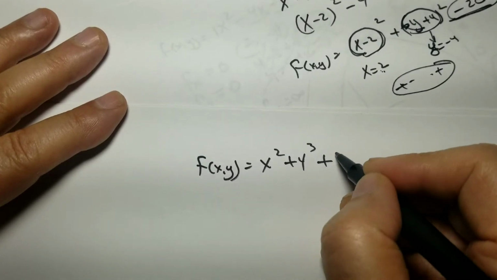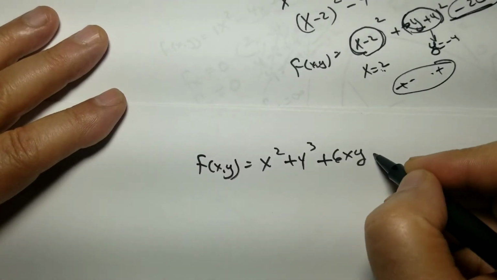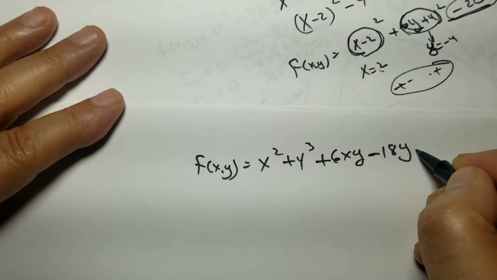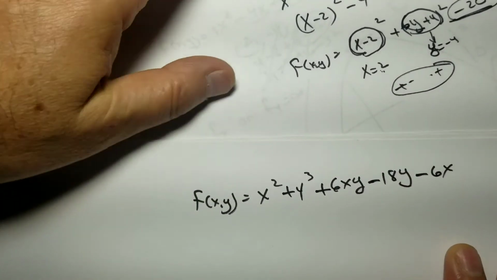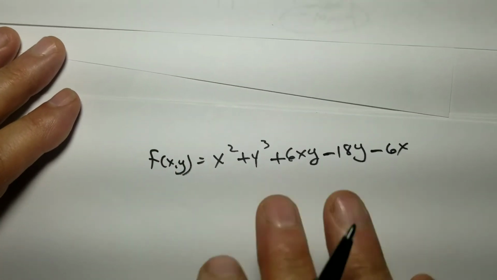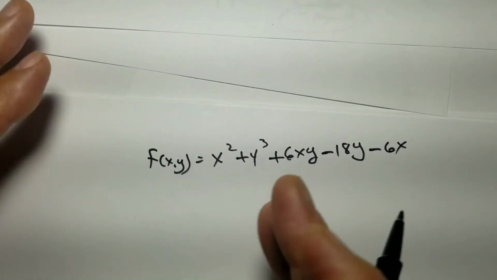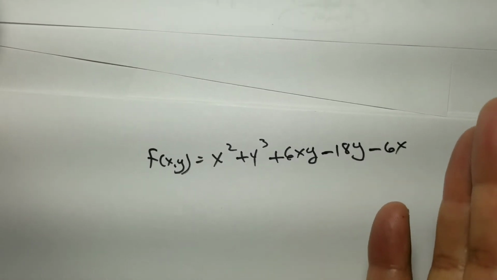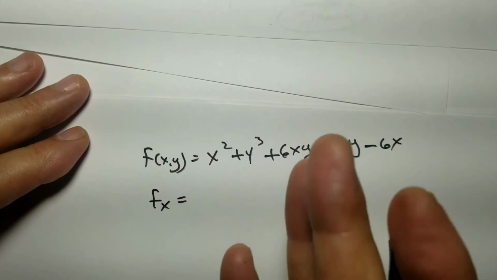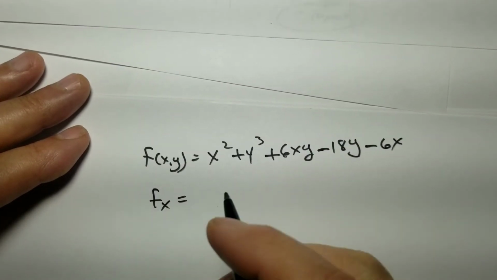I'm going to have a mixed variable to make my life tougher, plus 6xy minus 18y and minus 6x. Remember, you can no longer complete the square because you have a mixed variable. And it's not easy to solve for f sub x and f sub y, putting them simultaneously equal to 0 is not going to be easy.